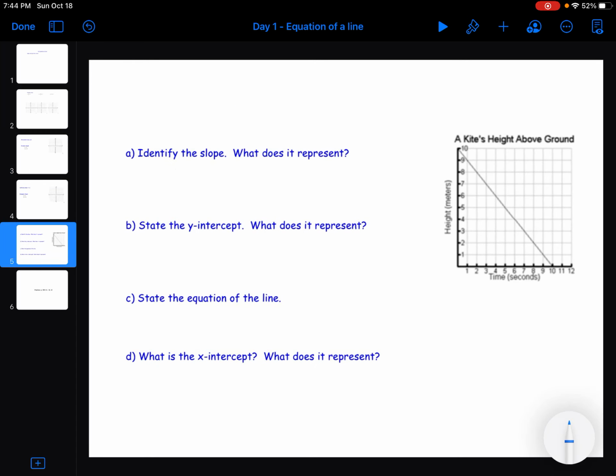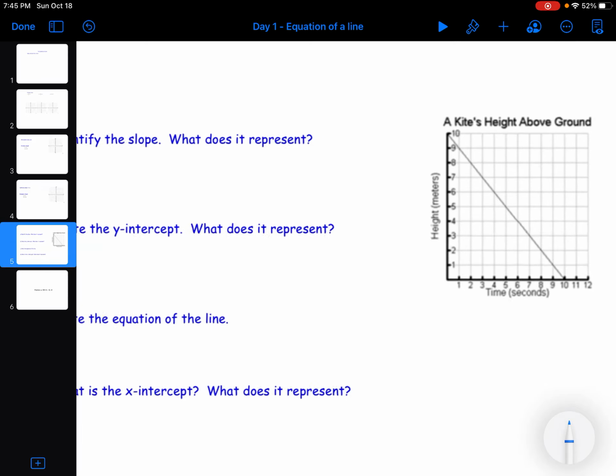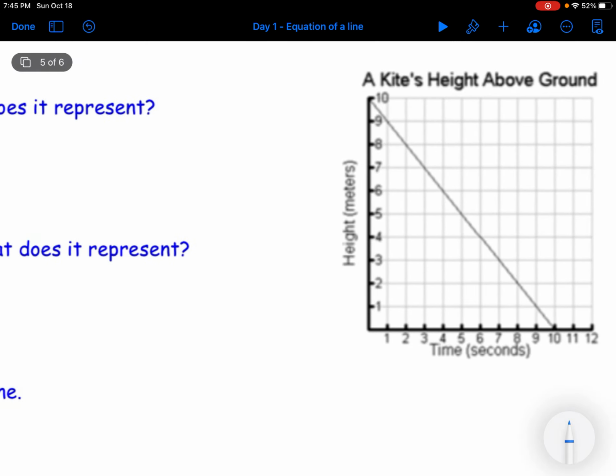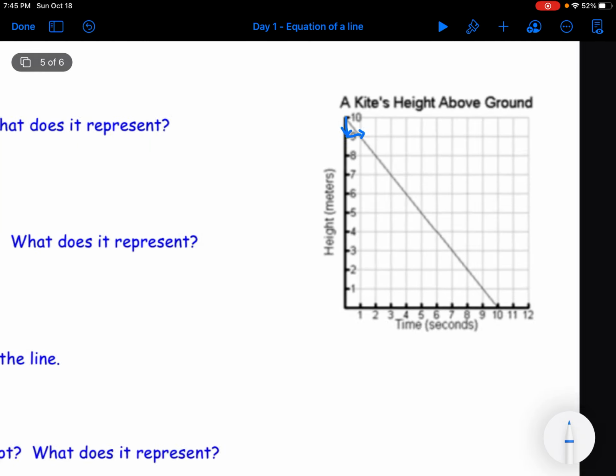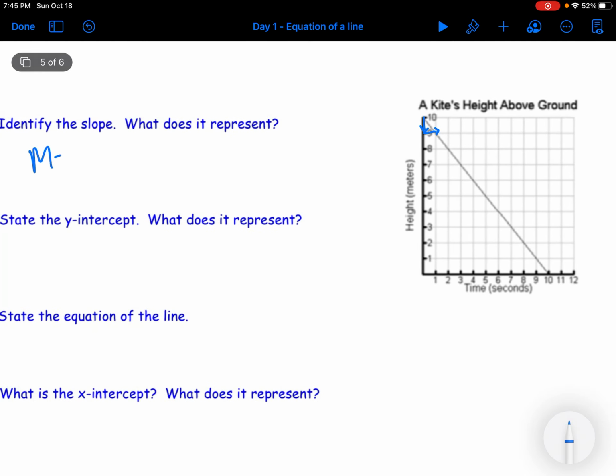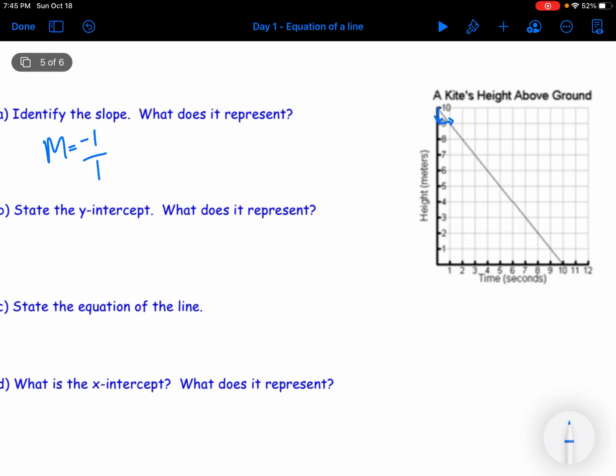Finally, if we have an equation like this, or it says identify the slope, what does it represent? Here we're going down 1, right 1. Remember, slope is rise over run. So our slope is -1 over 1. And it represents, we actually have to look at the equation. We have a kite flying over the ground.